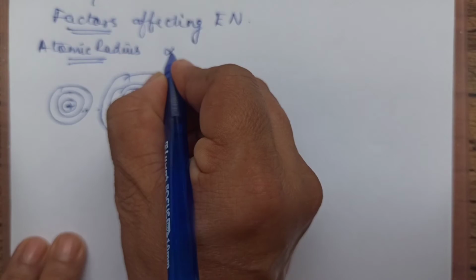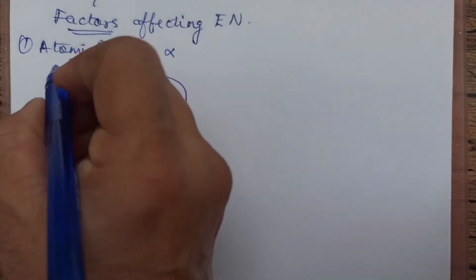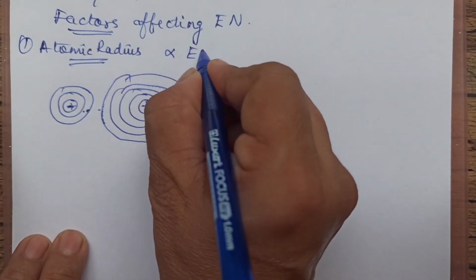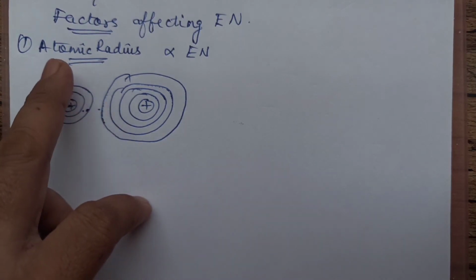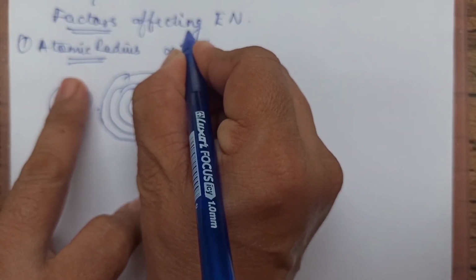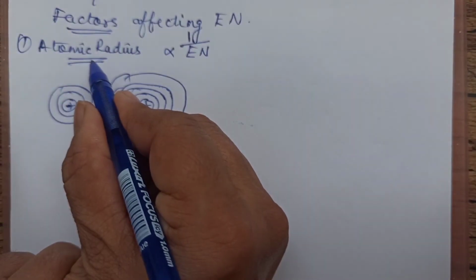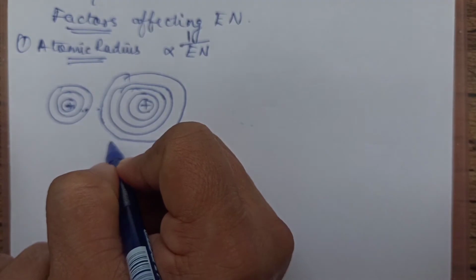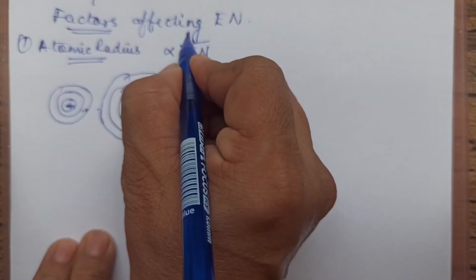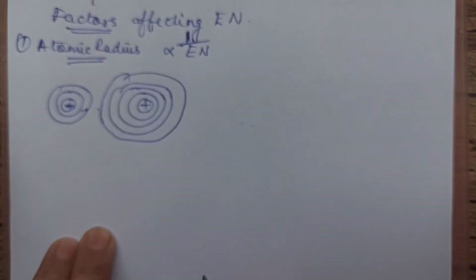So we can say atomic radius is inversely proportional, sorry, inversely proportional. Smaller the size, more the electronegativity, larger the size, lesser the electronegativity. It is inversely related, 1 by electronegativity.